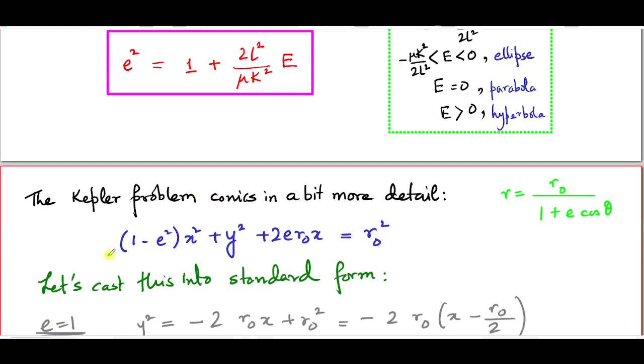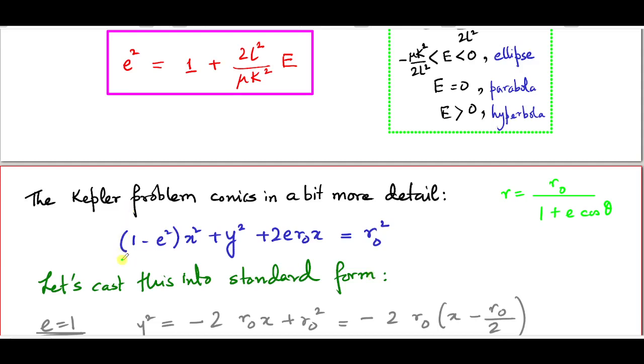Now, in order to see them in a bit more detail, what we will need to do is cast them in the standard form, where essentially you will have curves which are oriented along the axis and with the centers at the origin. So we will have to shift the origin and possibly also rotate the coordinate axis. But let's get one case out of the way first.